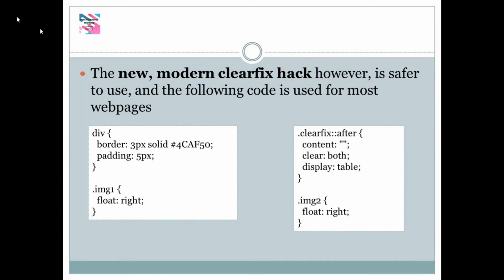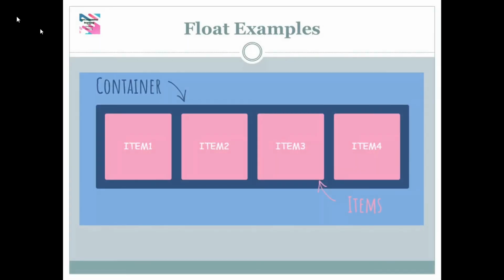So this is the modern clearfix hack. This is the example for it, and the float example container looks somewhat like this, but it's better to wait for my notepad explanation.